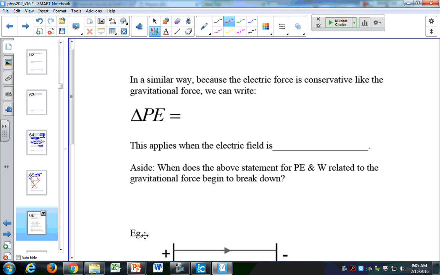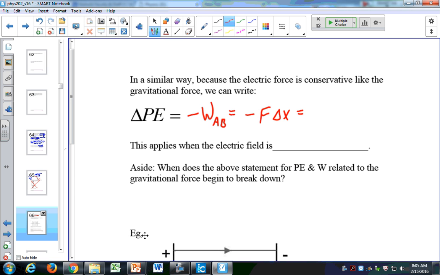So we can say that our change in potential energy of an object is equal to the negative of the work when it goes from point A to point B. And so we can also extend this to the electric field, where we have negative F times my change in my displacement.